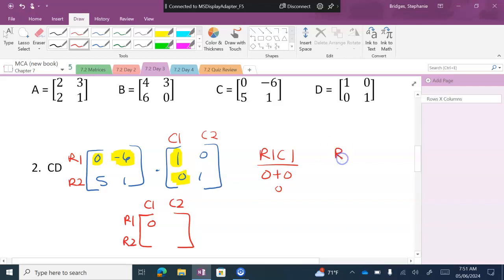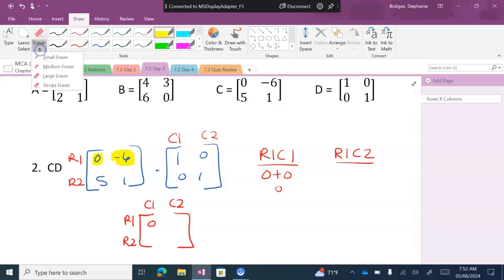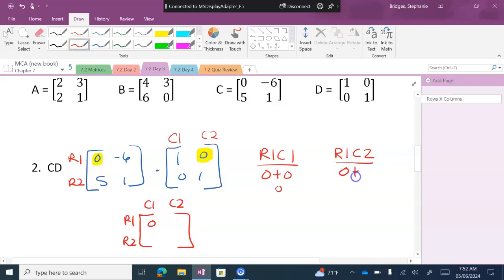Now do row 1, column 2. Start with the first number in the first matrix in row 1, and then the first number in the second matrix, column 2, was 0 times 0. 0, okay.